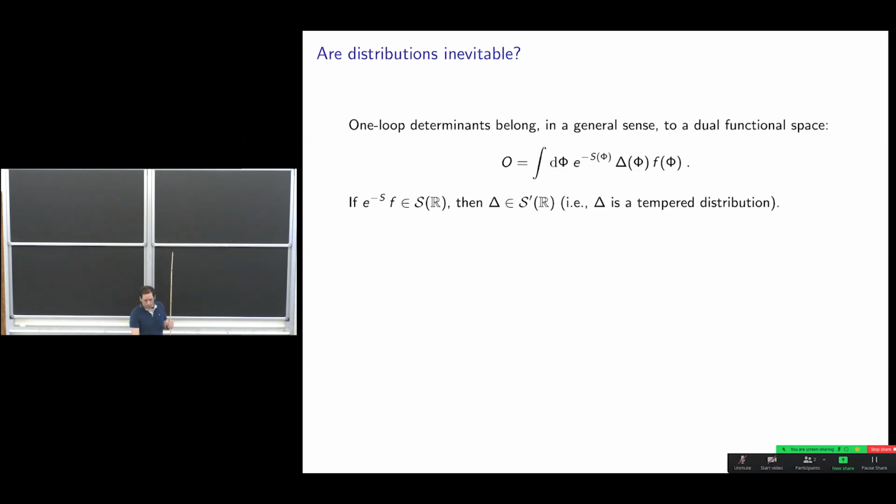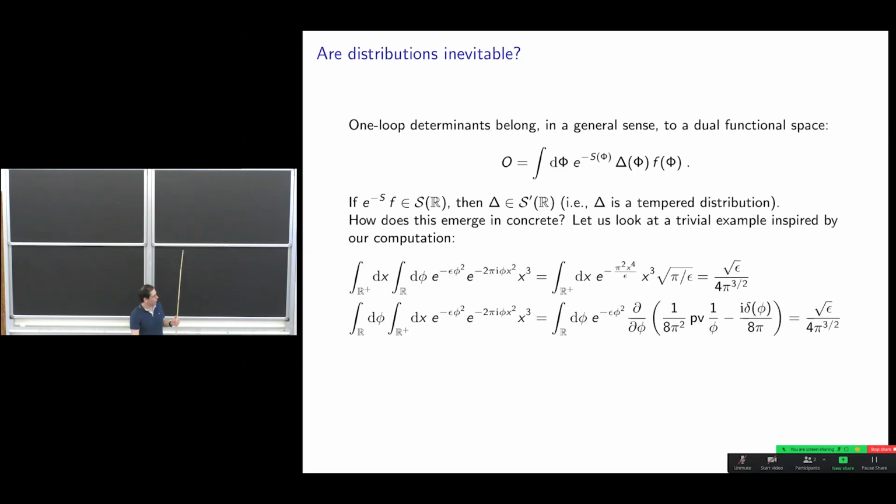And if you're trying to trace back, from a computational perspective, the emergence of this distributional nature, we can do it with a simple example which is inspired from our computation. So say you want to compute this integral. You have a double integral of this function here.